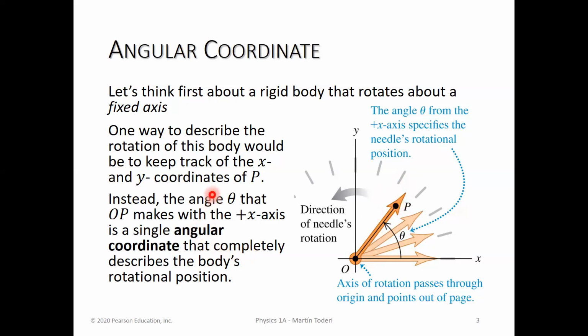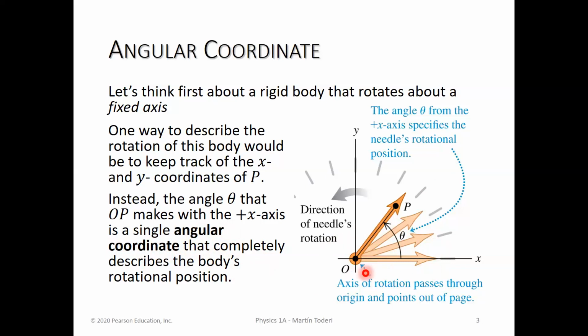So instead of considering two coordinates, let's just focus on the tip of the arrow, right? Instead of considering two coordinates here, we'll just consider theta, and that would let us describe the motion with just one single angular coordinate. We call this theta the angular coordinate, right? So it's completely describing the body's rotation.